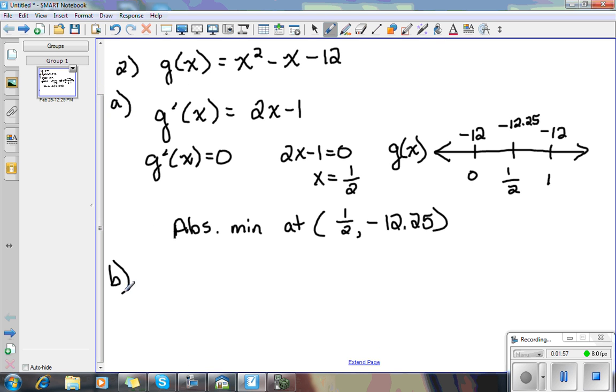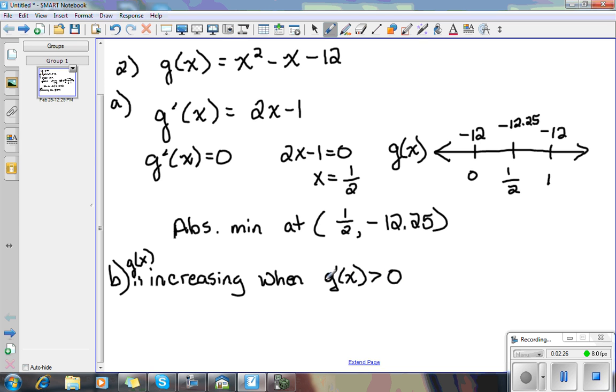I'm going to do parts B and C really kind of together, because part B says to find the interval on which the function is increasing, and in part C, the interval on which the function is decreasing. Well, remember from the PowerPoint notes, g of x is increasing when g prime of x is positive.